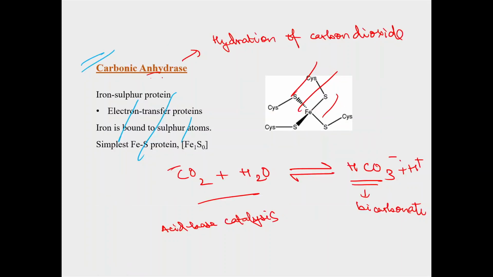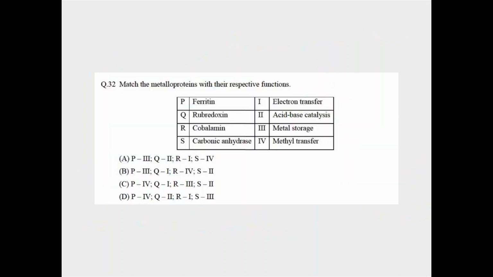And carbonic anhydrase, a little bit about its structure. In this, the metal present is zinc in plus 2 oxidation state, and it is coordinated to 3 histidine moieties, and here OH or water is present. So from this we can now match.